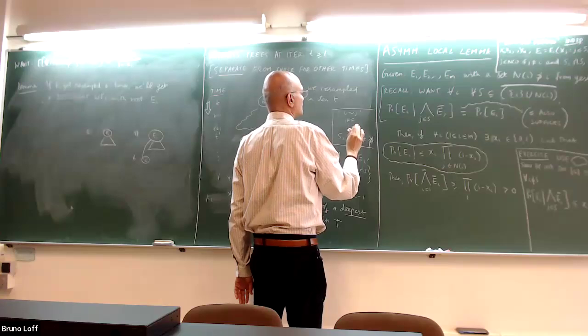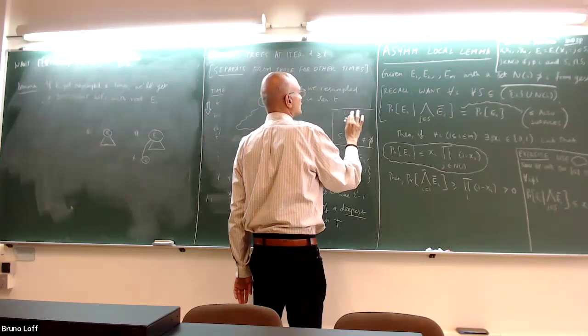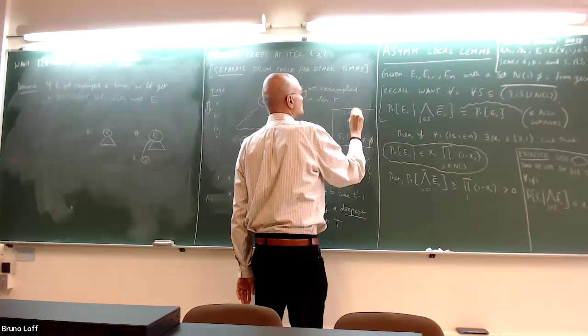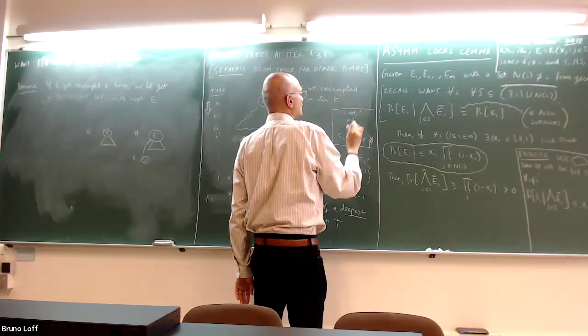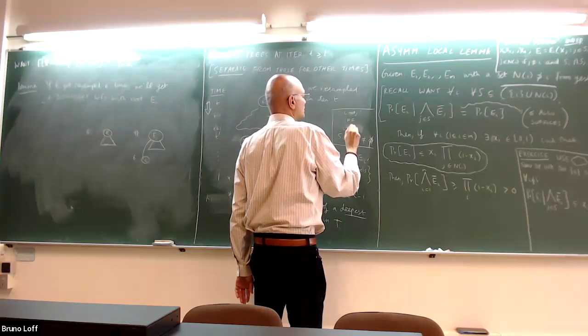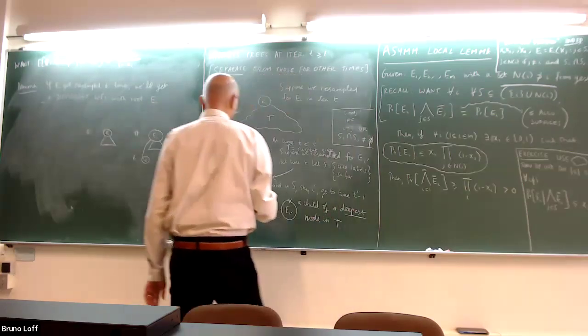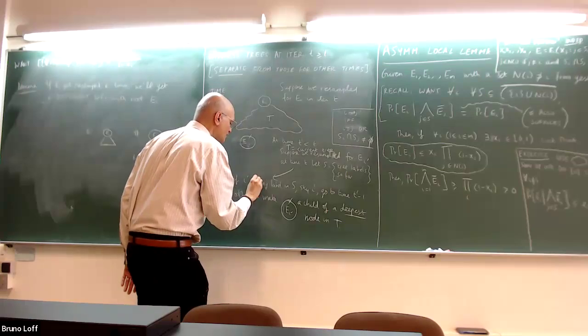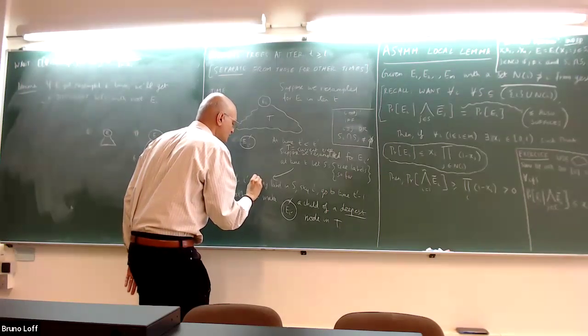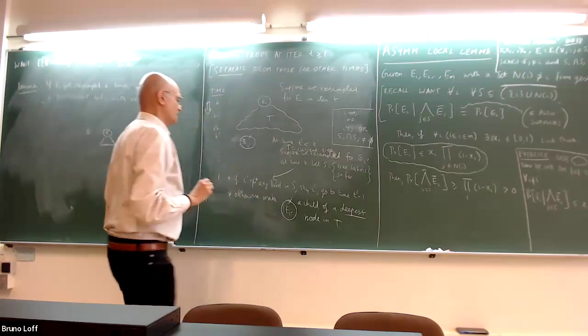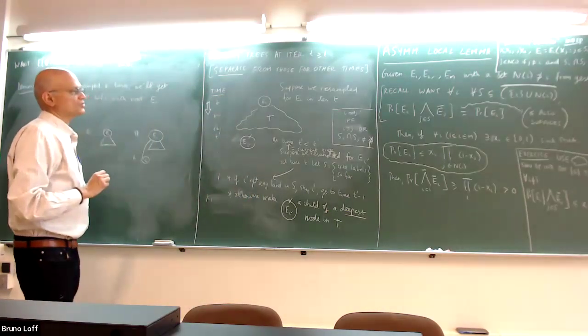Let's call it I plus. If I equals j, this inclusive relationship is reflexive, so I put a plus.